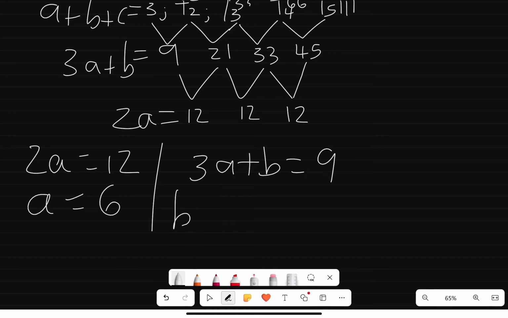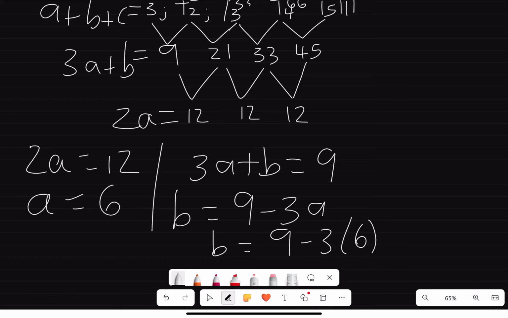Therefore b equals 9 minus 3a. Then b equals 9 minus 3 times 6, which is going to be negative 9. Let's just verify on a calculator, 9 minus 3 times 6, that's negative 9.